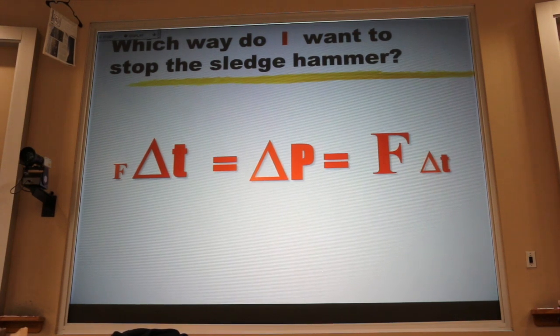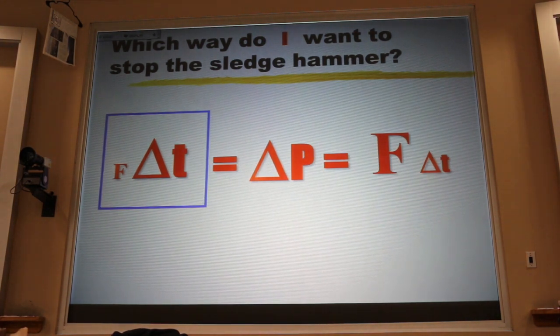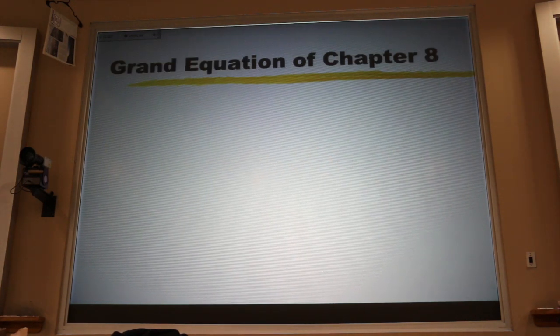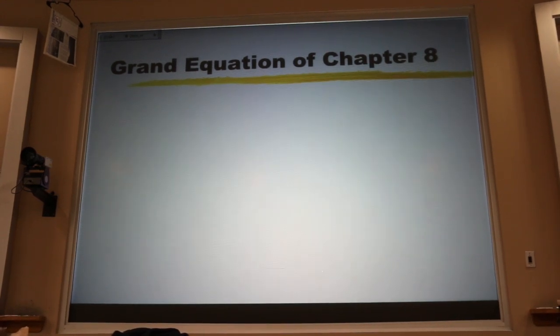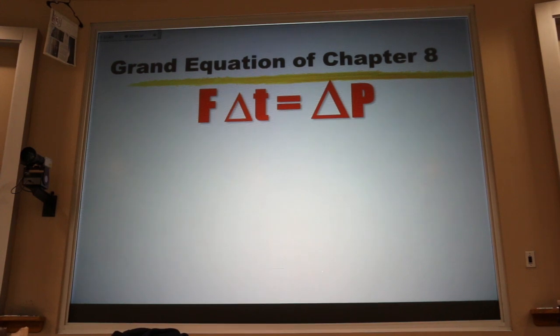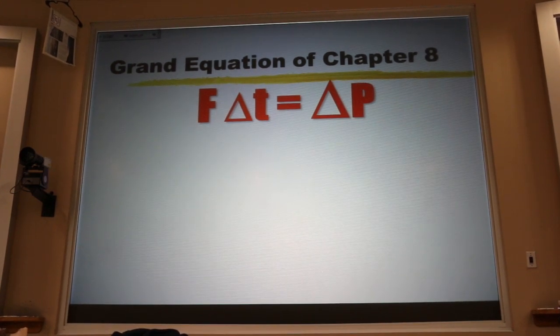Okay. Now, we want to stop that sledgehammer as slowly as possible. Now, in chapter 8, there's one grand equation, just like there's one grand equation in chapter 7 that governs work and energy. That equation is the impulse-momentum equation. Impulse changes momentum.